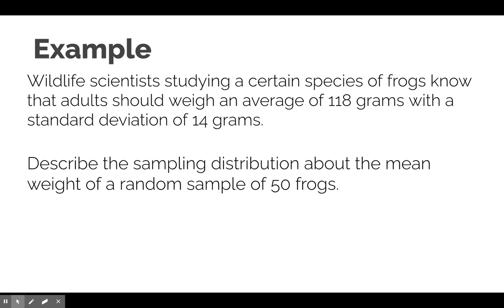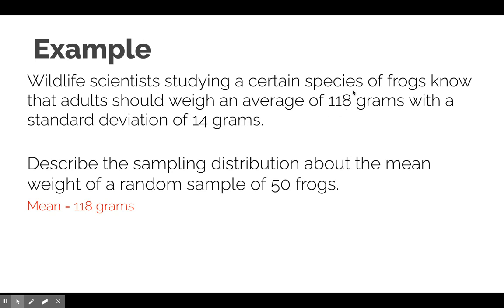So for this shape, first off, since we're sampling 50 frogs, the central limit theorem tells me that it's going to be normal. So if it's normally distributed, if there's a normal shape to it, then I can use my formulas. And the mean is going to be equal to whatever the sample mean was.